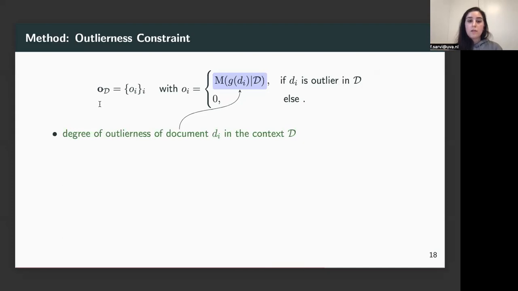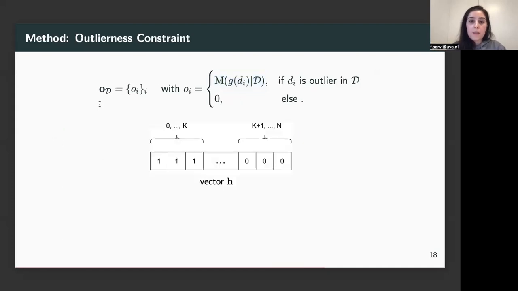So if there's a non-zero value in the vector O, it means that the item is an outlier, and then we want to know how extreme this outlier is. So based on the degree of outlierness, we can understand how extreme it is.